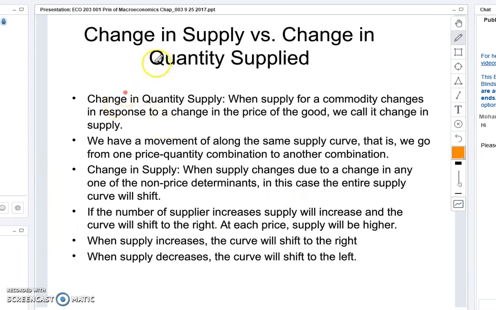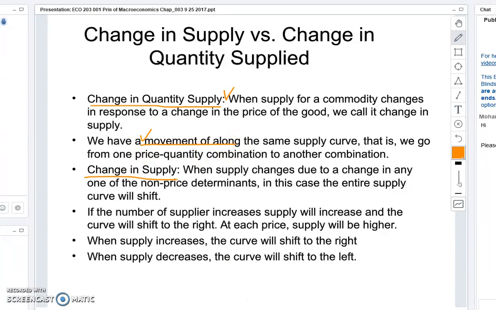Now let us make the difference between change in quantity supplied and change in supply. See, change in quantity supplied is when supply changes as a result of the change in price of the product, right? In this case we will have a movement along the same supply curve.